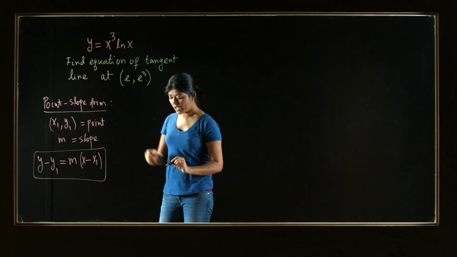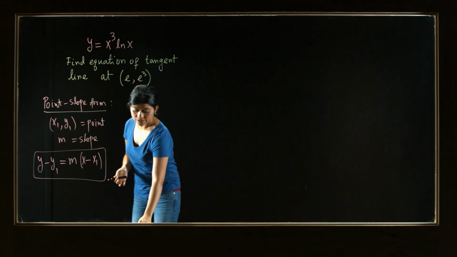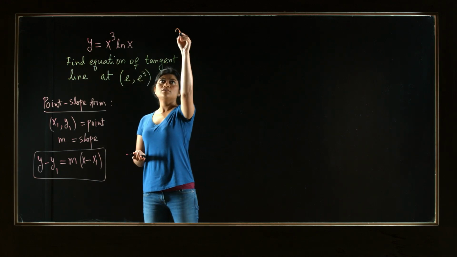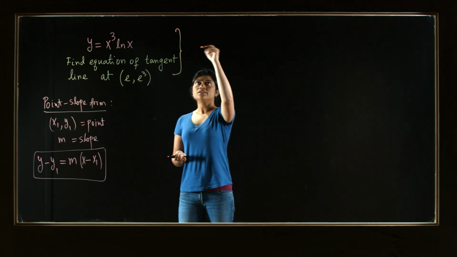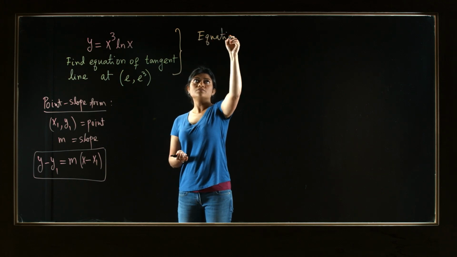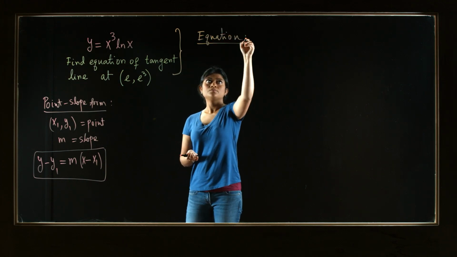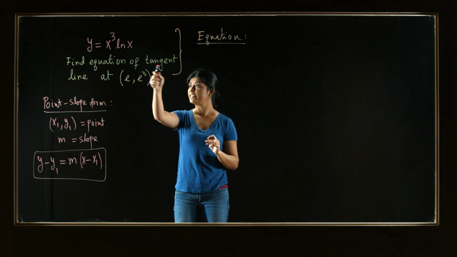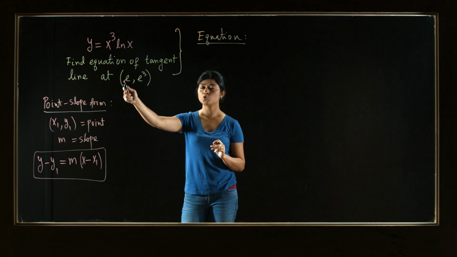Keeping this in mind, let's look at our problem and start writing down the equation. We need an equation of a line, and we know that this line will pass through this point.